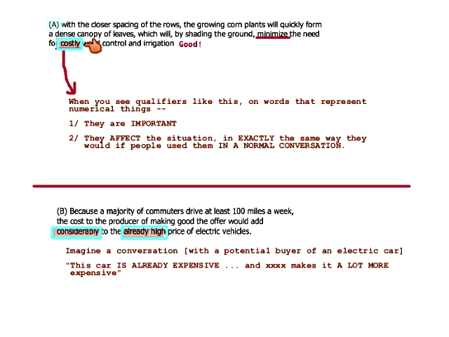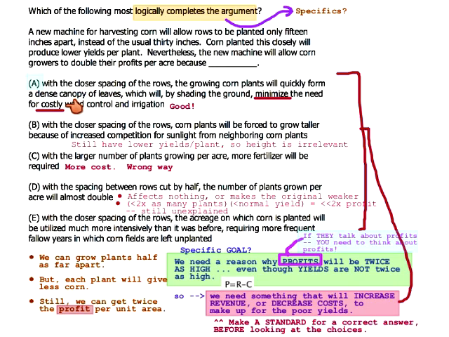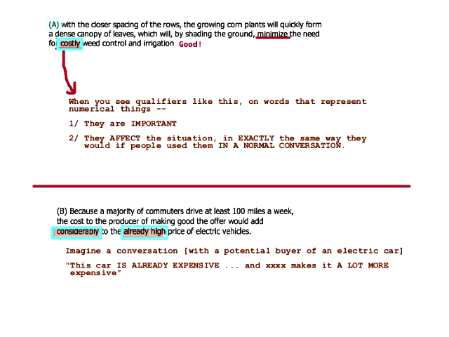Here, costly tells you a lot about how much this is relative to profit. So when you see this kind of wording, you should absolutely put a lot of weight on it, because they're not going to give you math numbers that prove that. That's not the point of the problem. The point is just that this could be a factor that would make up for that. But yes, you should think about that.